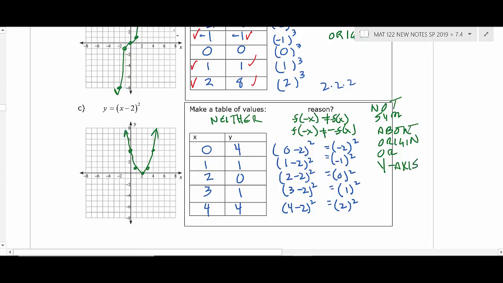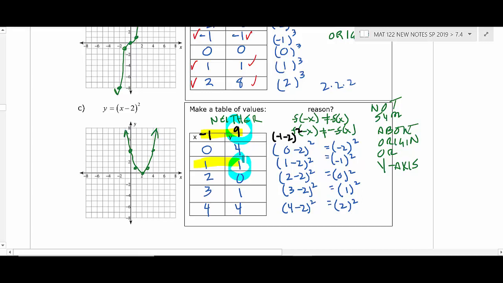And if I would have chosen negative 1 here, and done negative 1 minus 2 to the second, that would give 9. So this right here is enough to show that it's neither even nor odd. You didn't end up having the same y, or the opposite y, when x was opposite.